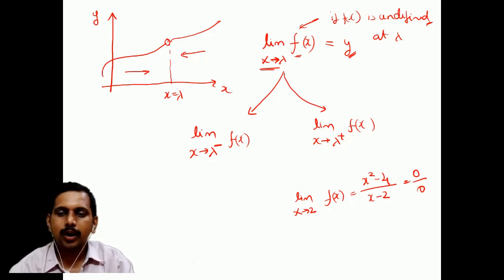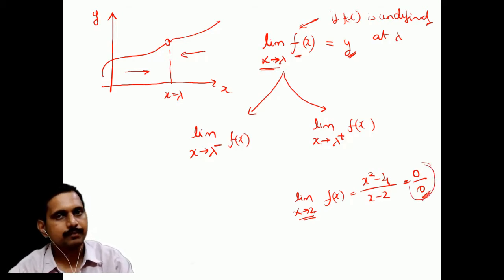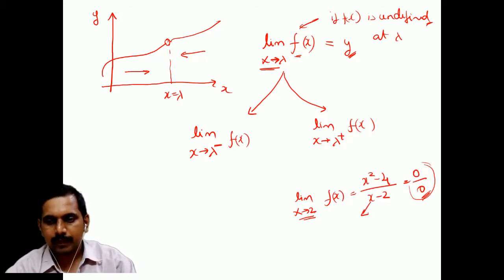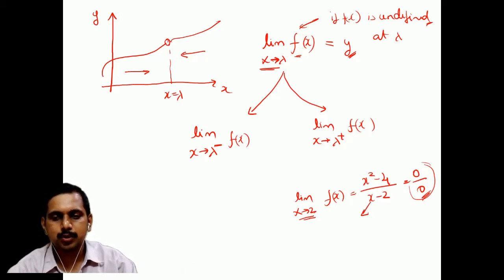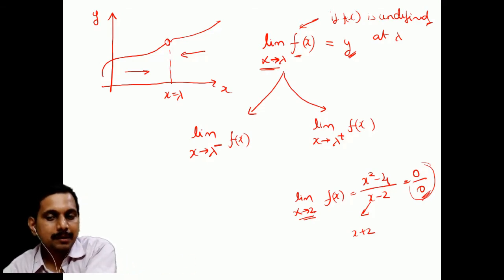So what would be the value of this function when limit x tends to 2, which is undefined actually, correct? If you reduce x square minus 4 by x minus 2, we can always write this as x plus 2, is it not? Because x square minus 4 is x plus 2 times x minus 2. But x plus 2 is not this function.